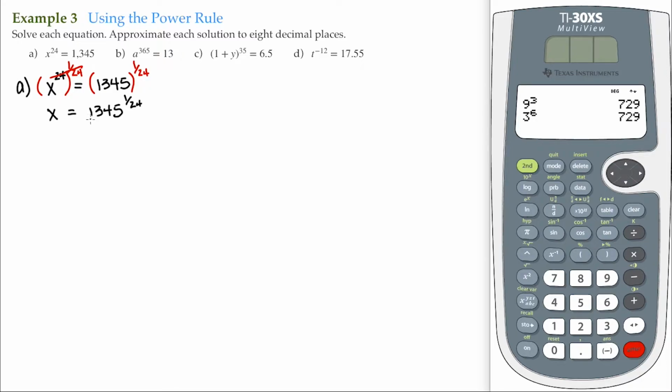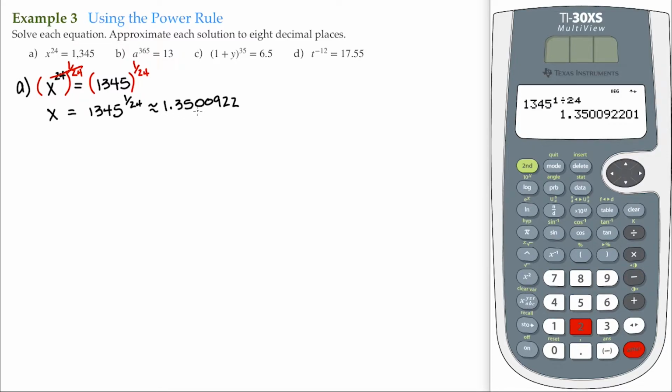Well, what is 1,345 to the 1/24th power? We'll use our calculator. I'm going to take 1,345, use my caret key, and raise that to the 1 over 24, which means 1 divided by 24, and hit enter. That's approximately 1.3500922.